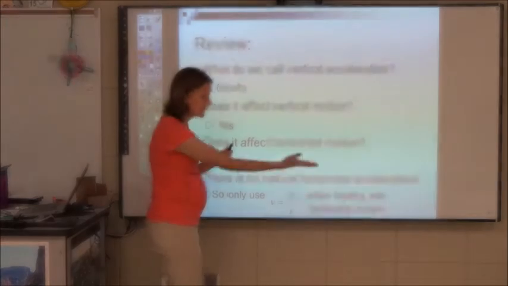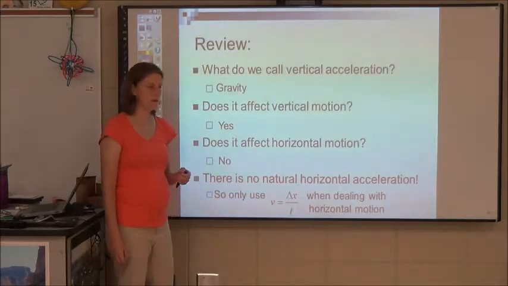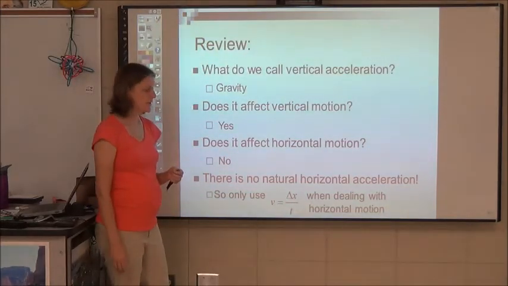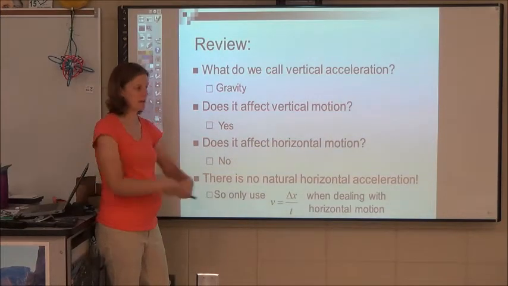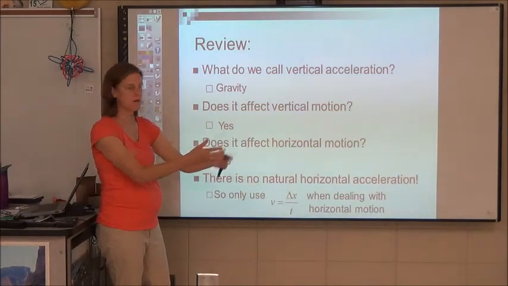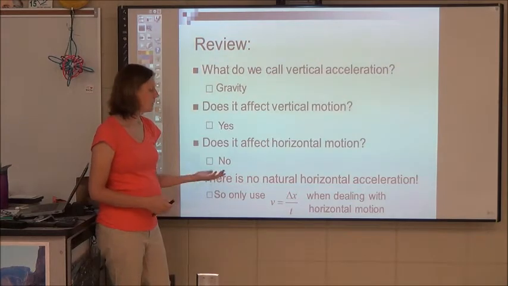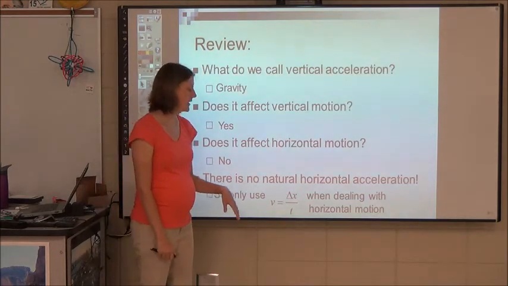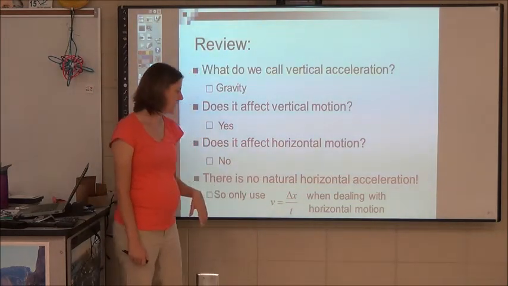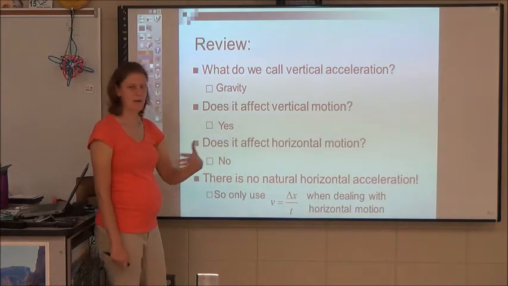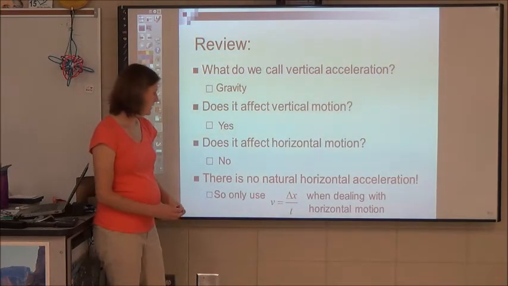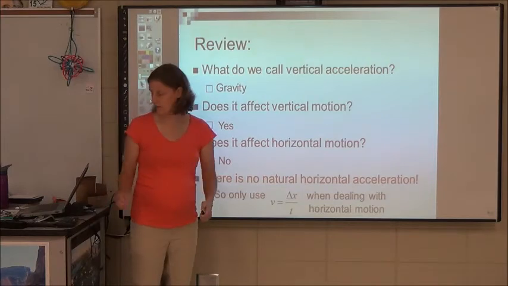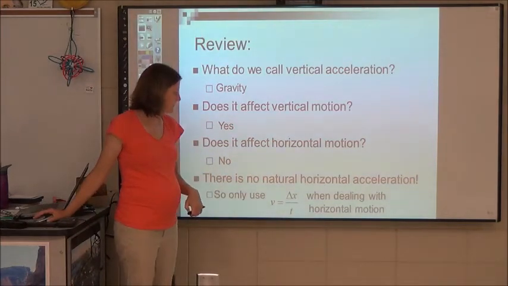If I'm bowling and I let go of that ball, when it's rolling down the alley, there's no gravity pulling it sideways faster and faster. It is essentially moving at a constant velocity, of course, until it hits the pins. But there's no horizontal gravity. There's no natural force sideways.